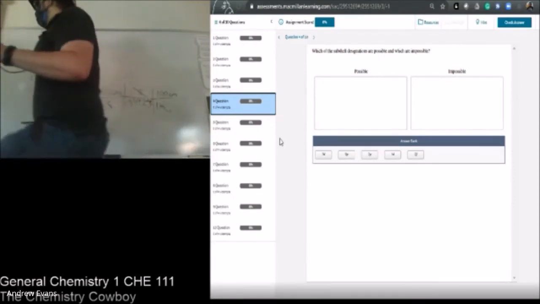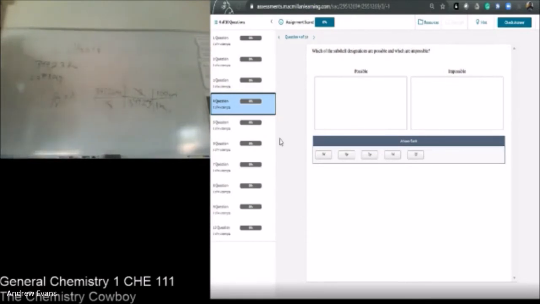So the options are 3D, 0P, 3P, 1D, 2F. 3D, perfectly possible. 0p, there is no principal energy level 0. That is an impossibility. 3p, well, there's a 1p.